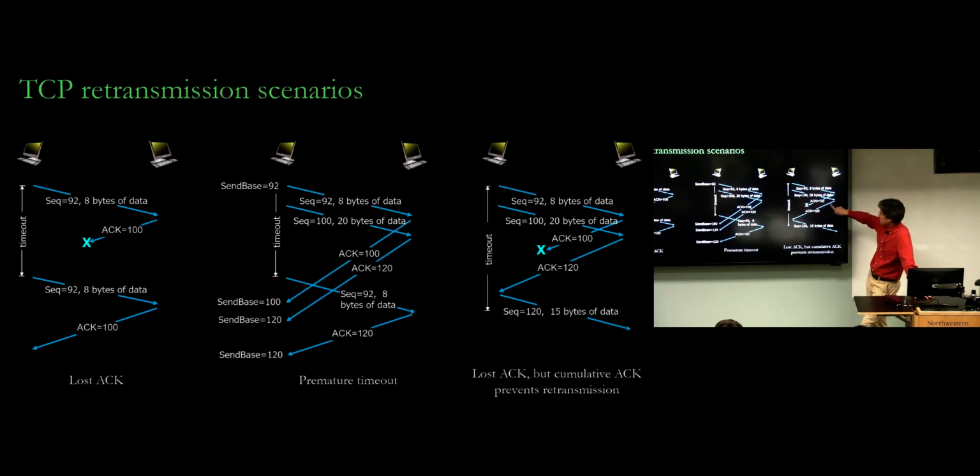Because the second acknowledgement, fortunately, does come through, and that carries this 120 number, which is greater than 100, and this kind of overrules. This tells the sender that the receiver received everything up to 120. If this second packet was lost, then the sender would not have received 120, it would have received this 92 acknowledgement. Okay. And then it can continue sending the next bit of data after 120, right?